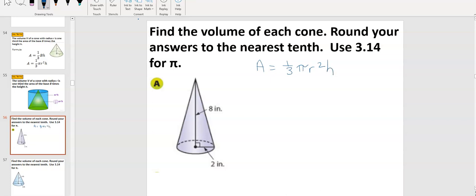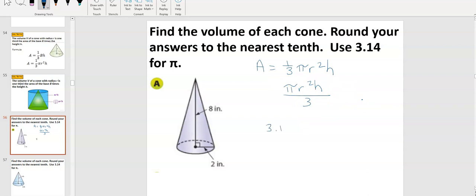Another way you might see this written is pi r squared times the height divided by 3, because that's basically what the 1/3 does here. This is just going to be 1/3 of whatever we're doing. So you could do either expression, and we're basically going to do this on our calculator, okay?